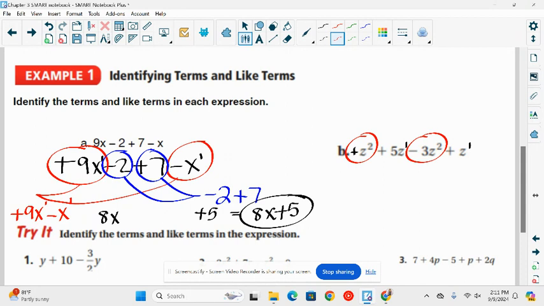Exponent. So just because this is a z, does it share the same exponent? No. So can it go with these two terms? No, because they have different exponents. So these two things can go together. So plus z squared minus 3z squared. Okay?